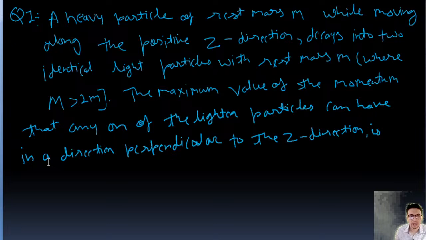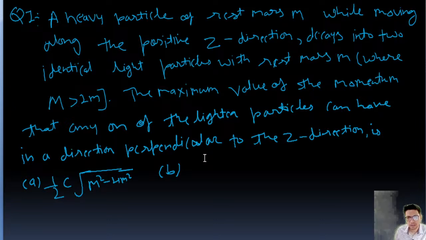Okay, options are: option A is 1 by 2 c root of capital M square minus 4 small m square. Option B is 1 upon 2 c root of capital M square minus 2 small m square.